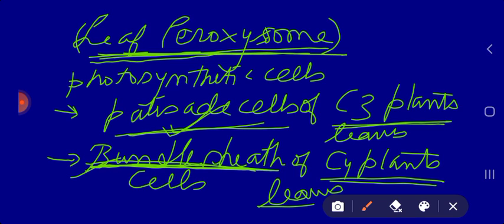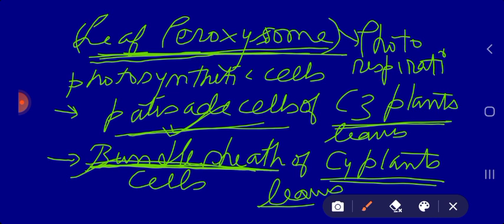Mainly, the function of leaf peroxisome is involved in photorespiration, obviously. So, they are involved in photorespiration, right? Which is a light stimulated production of CO2, and photorespiration reduces the efficiency of the process of photosynthesis, right?